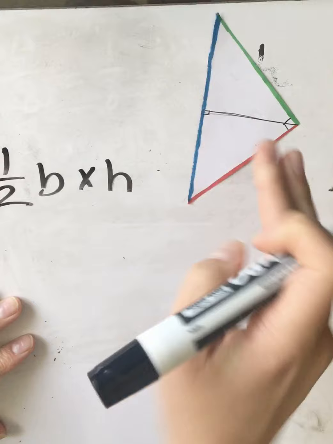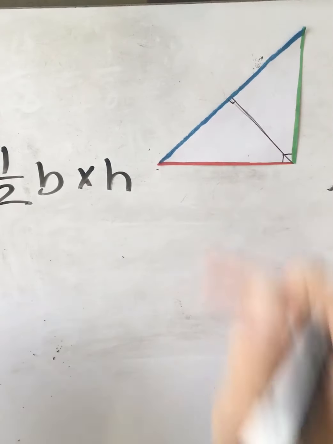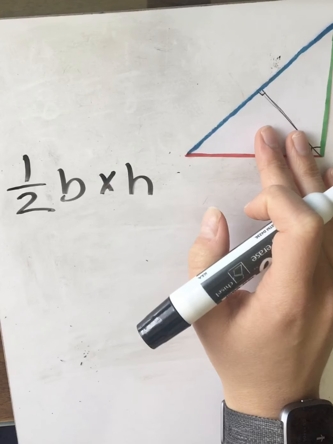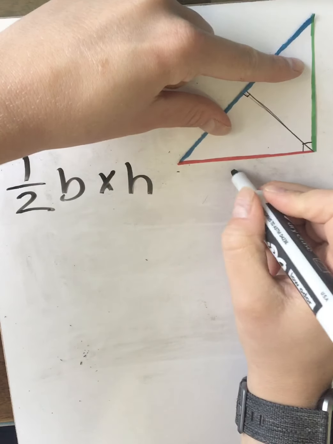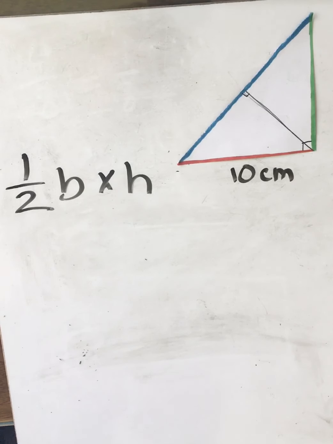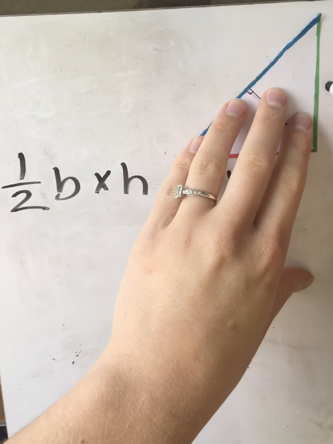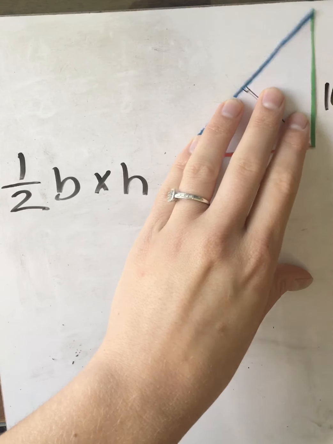So let's use this triangle, and let's just say that the red, which we're using as the base, is 10 centimeters. And the green, which we're using as the height, is also 10 centimeters.